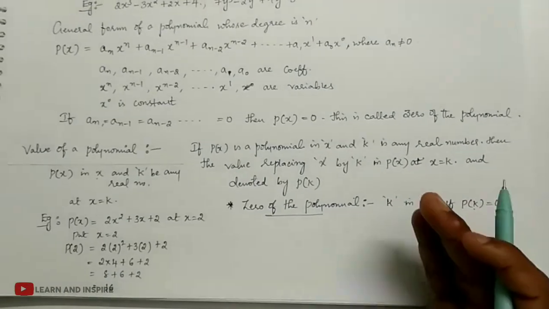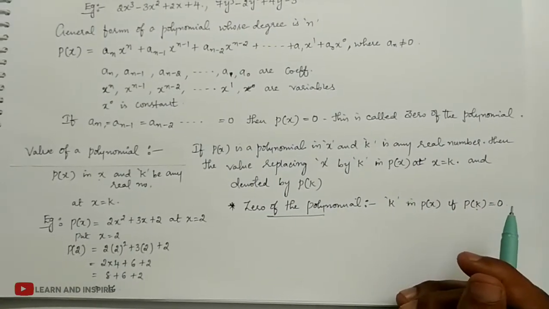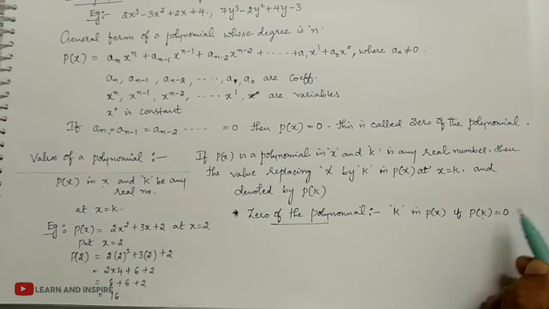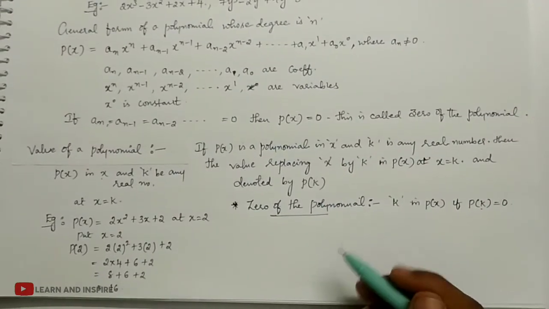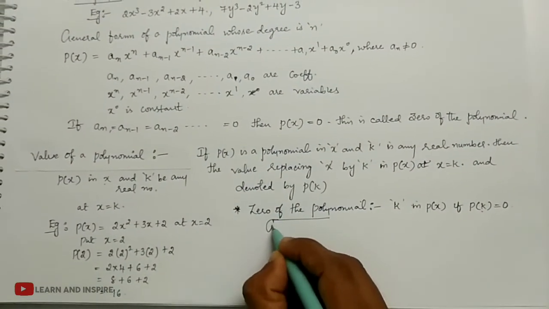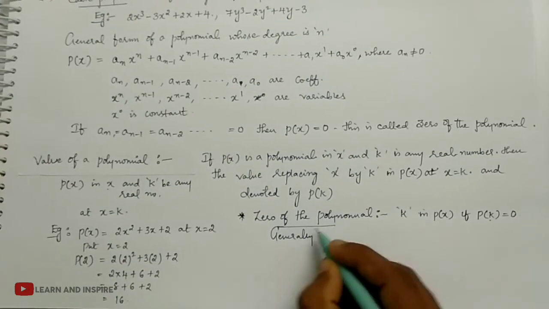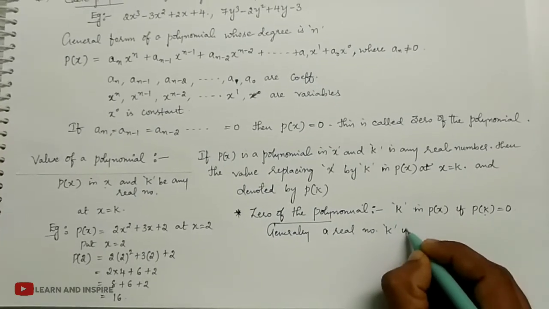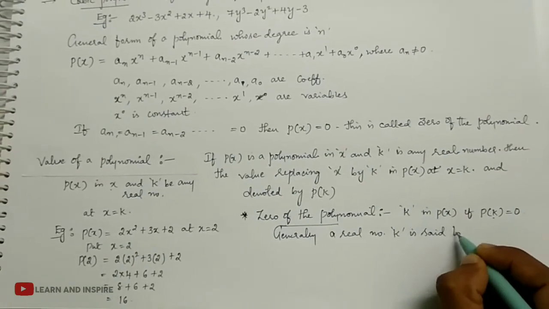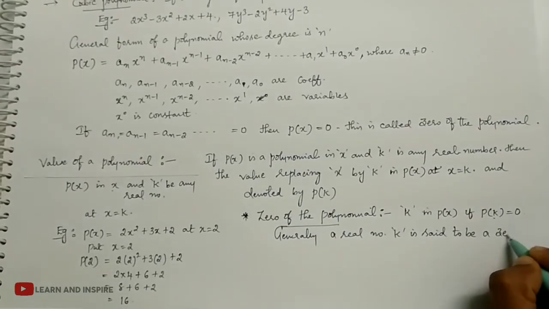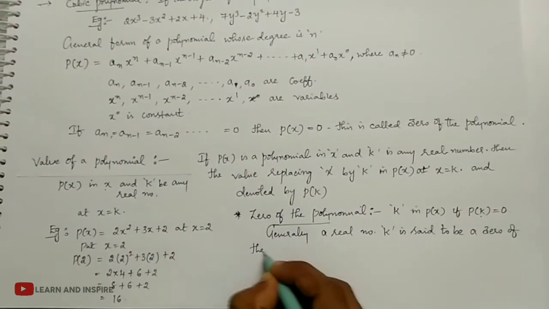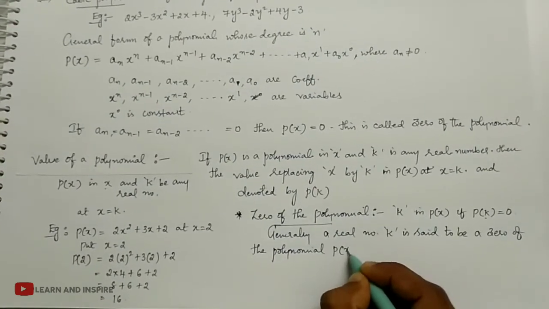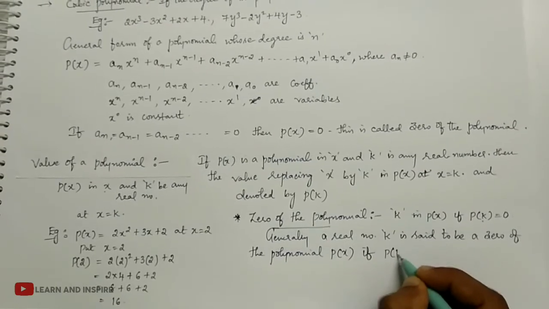Generally we write: a real number k is said to be a 0 of the polynomial p of x if p of k is equal to 0.